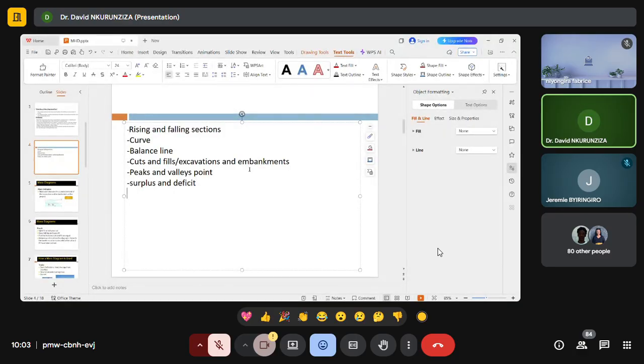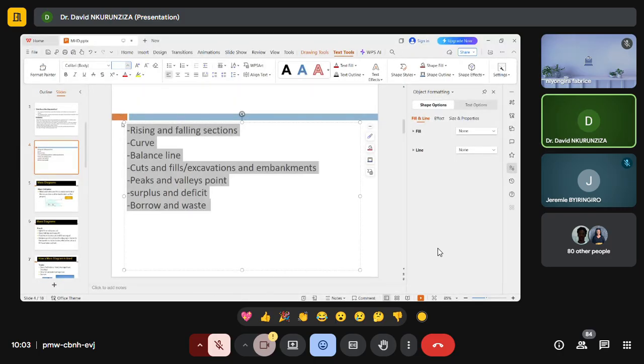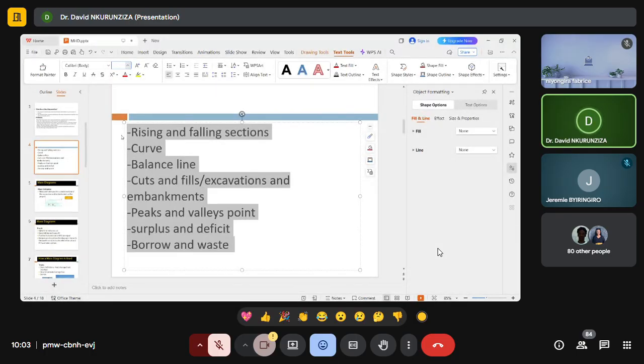Then we shall also talk about borrow and waste. Do we have a borrow or do we have a waste? So these are the key components of the mass haul diagram you as engineers should have in your mind.